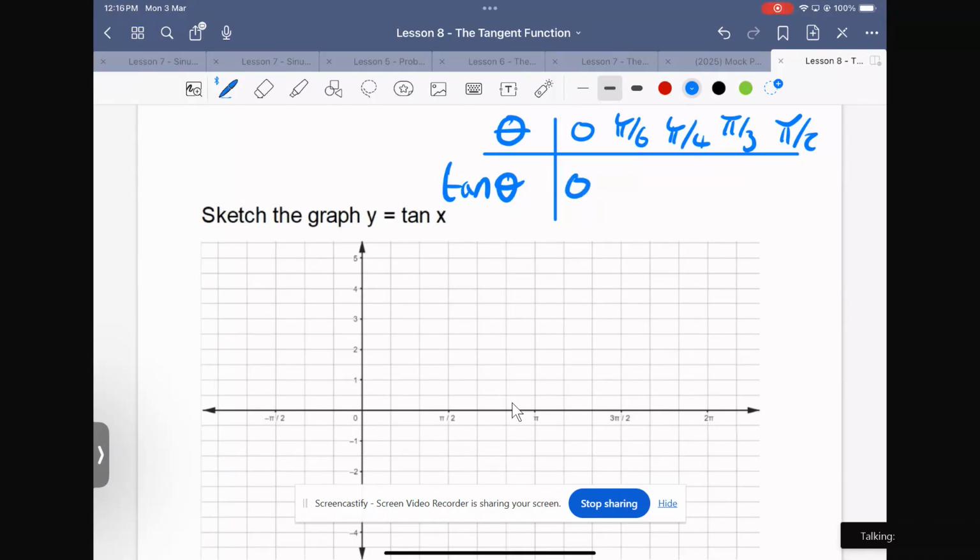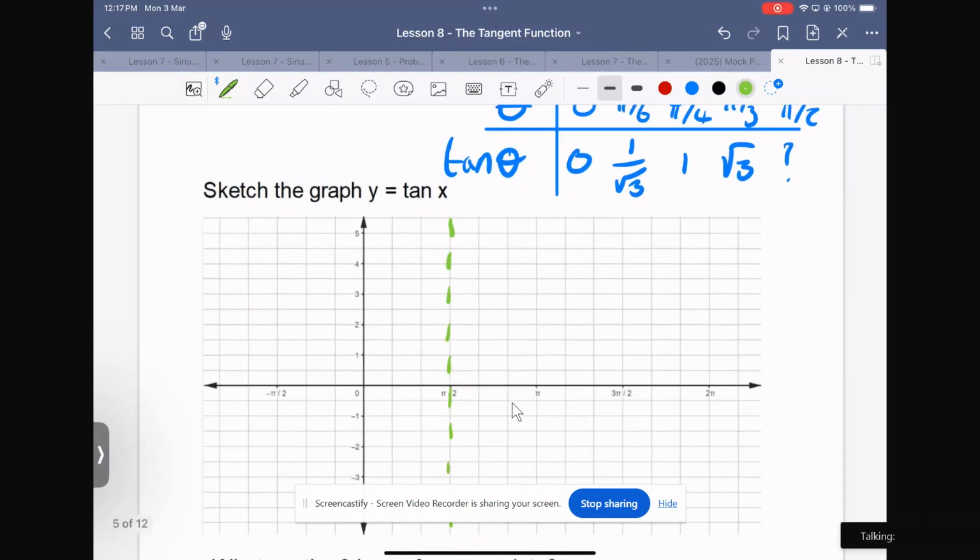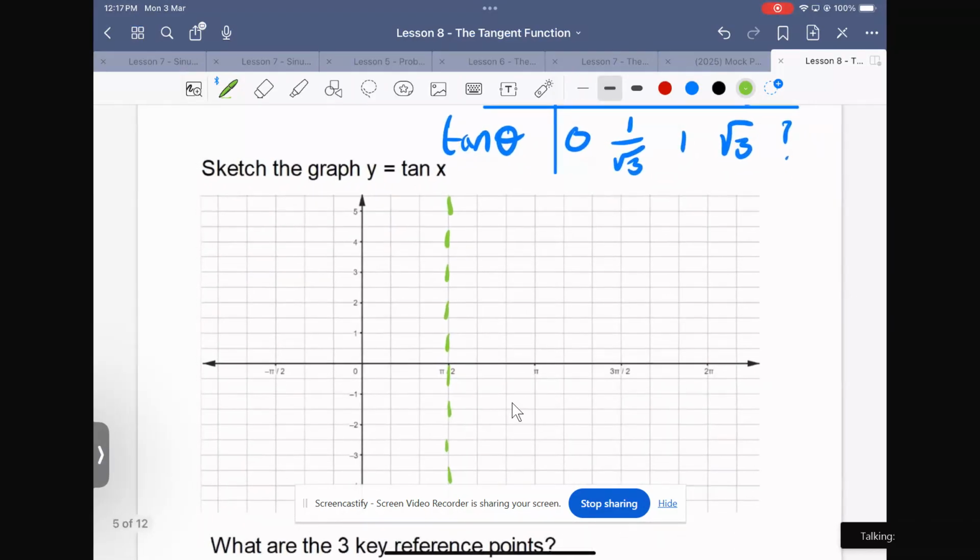What's the next one? What about pi over 2? Undefined. Well, that undefined business is going to be giving us a vertical asymptote. We can't define the tan function at this point. That gives us a vertical asymptote.